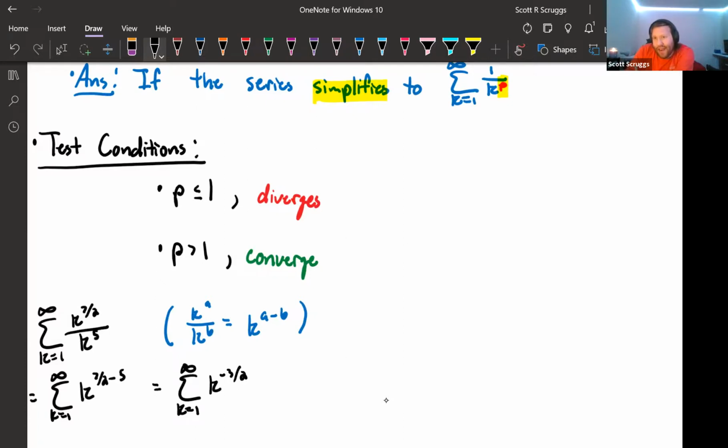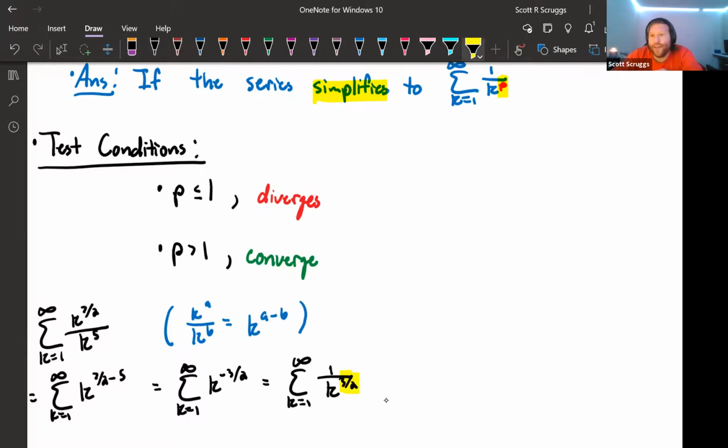Now I have a negative exponent, so I can make that exponent positive by moving it to the denominator. And so for that series, not in that form 1 over k to some power, I was able to simplify it down to be in that form.